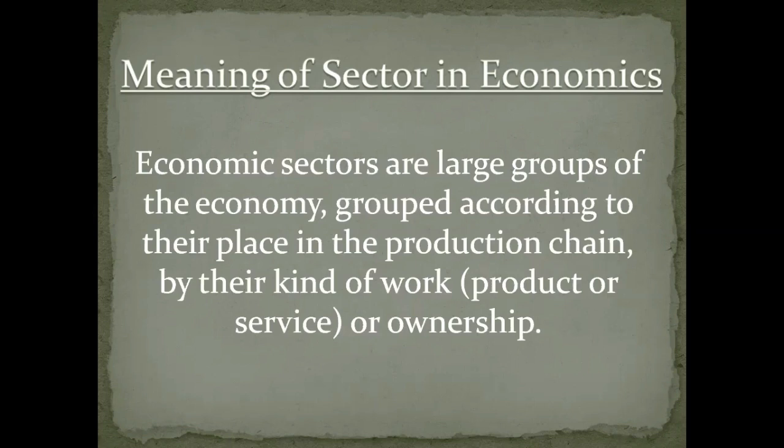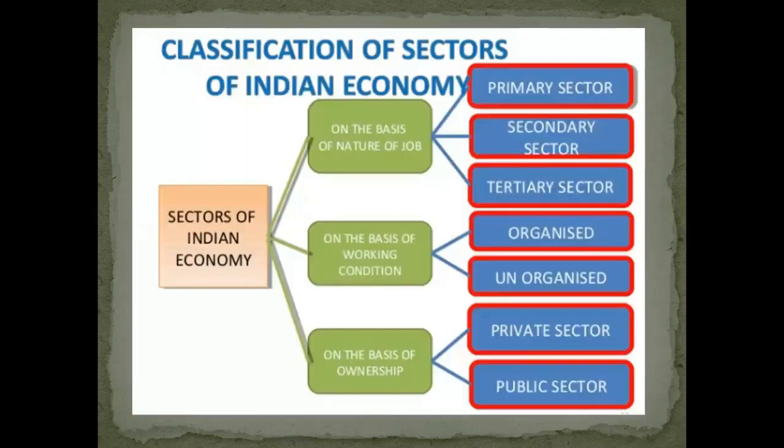Correct? So they are grouped according to their place of production, by the kind of work or the ownership. But in our own country, if I want to classify the sectors, I'll classify on the basis of three different areas. First is the nature of job. Second is the basis of working condition, or I can say employment, and third is the basis of ownership.